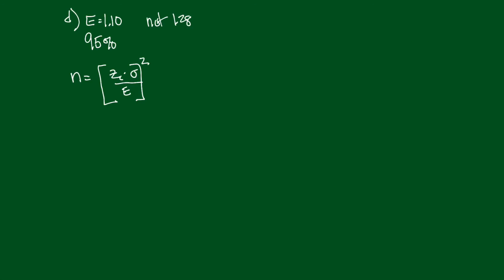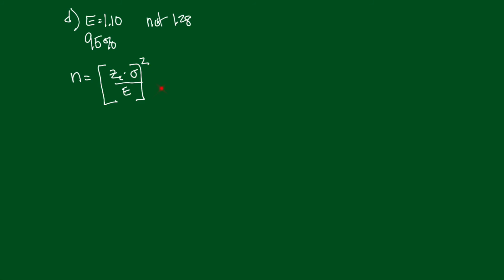So now in part D, we're asked to decrease the maximum error that we're making. When we did this problem, we computed the maximum error to be 1.28. Now we want to decrease the error and find out what size sample we need. So here's the sample size formula.